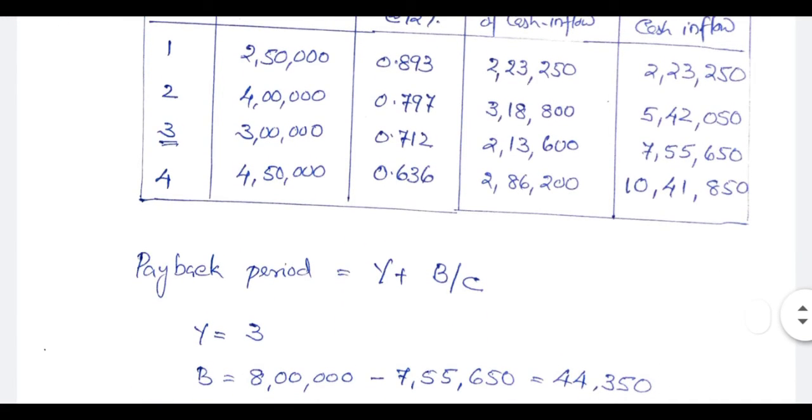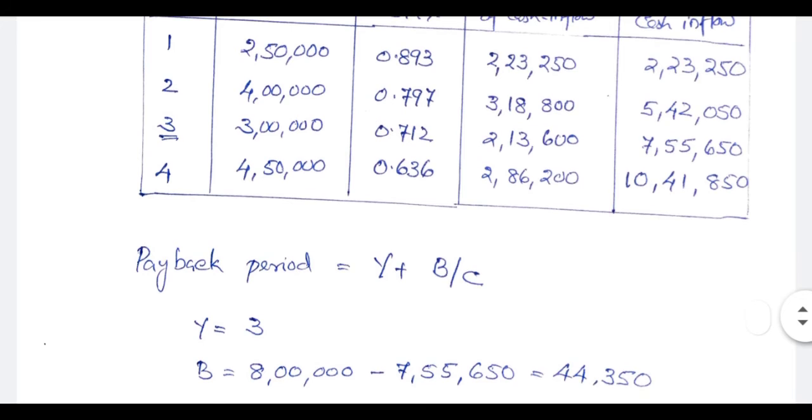Next, balance amount B is equal to, in fact we have to get 8 lakh, but after 3 years we will get only 7,55,650. So 8 lakh minus 7,55,650 is equal to 44,350. And C, that is a cash inflow during the year of final recovery, that is the fourth year cash inflow.